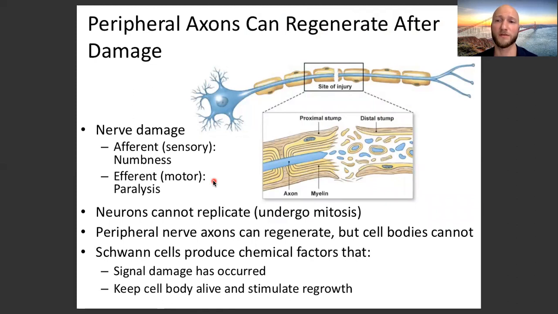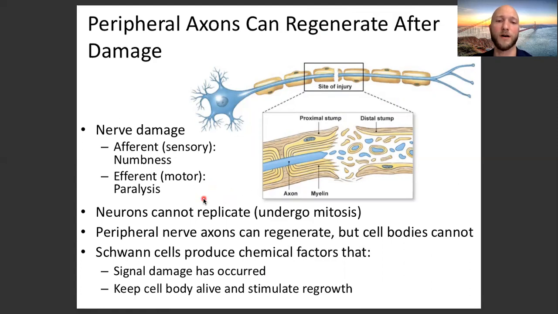Most people have heard of sciatica or the sciatic nerve. What if your sciatic nerve just stopped functioning completely? What would be some signs and symptoms? Well, numbness, because there are sensory fibers, and paralysis, not being able to activate your muscles, because there are efferent motor neurons also.